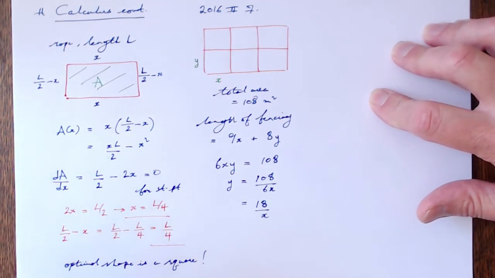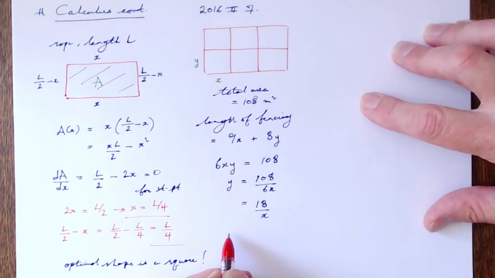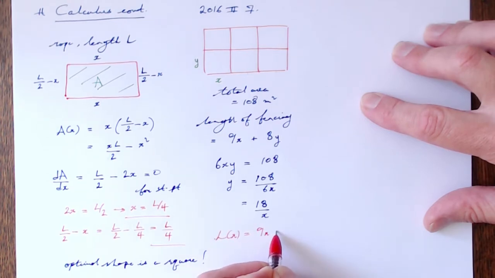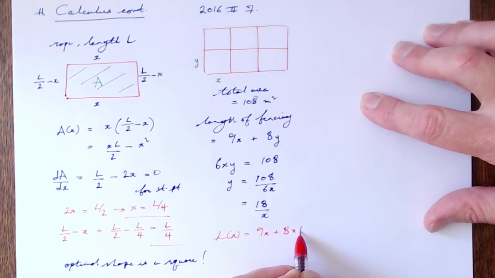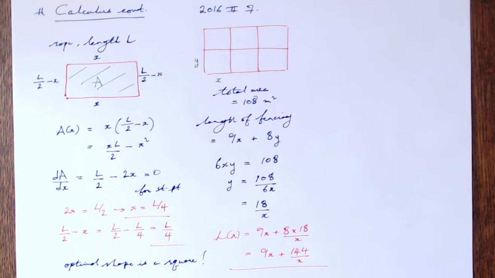And so now then, just putting y equals 18 over x into this formula, we have that the total length, let's just call that L of x, is 9x plus 8 lots of y. So it's 8 times 18 divided by x, and we can just tidy that up. 8 lots of 18 are 144, and I recall that indeed was the formula we were asked to derive for the first part of the question.